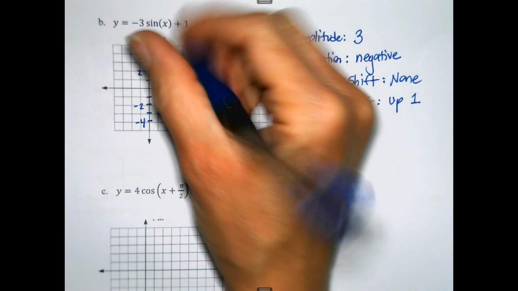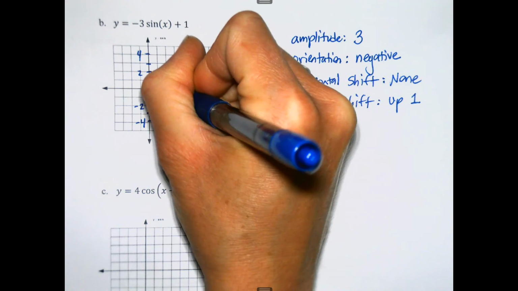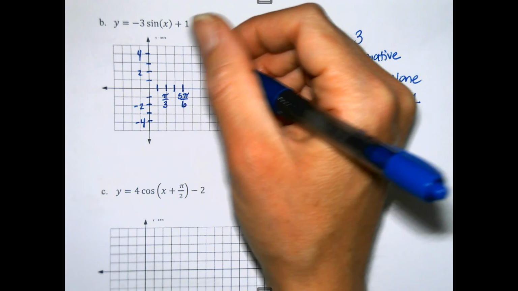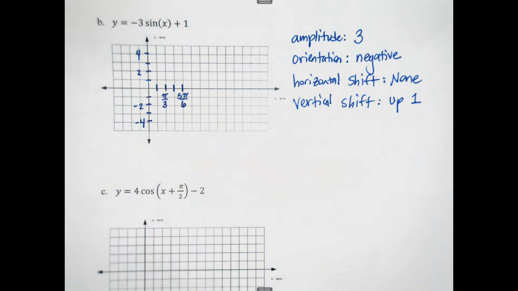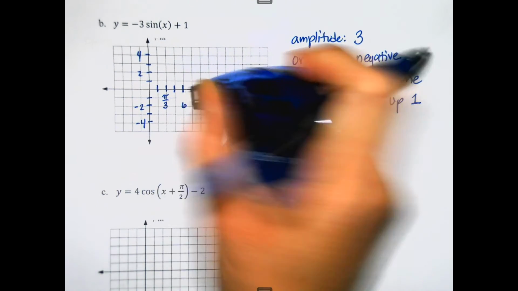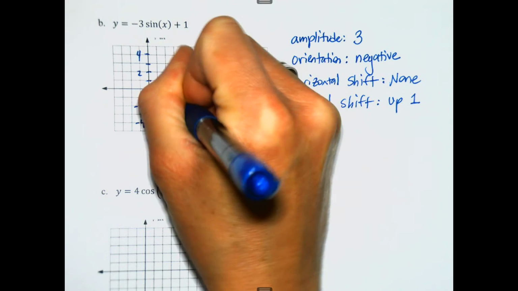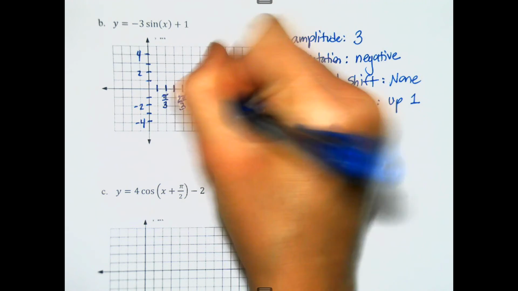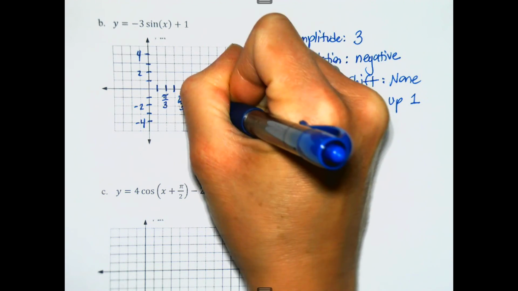Pi over 2, excuse me, not 5 pi over 6, 2 pi over 3. Five pi over 6, pi, 7 pi over 6, 4 pi over 3.